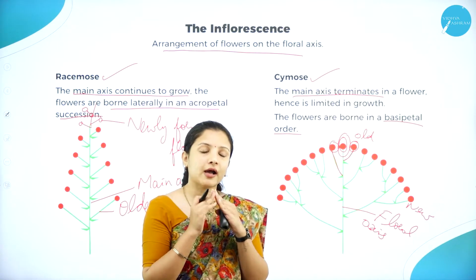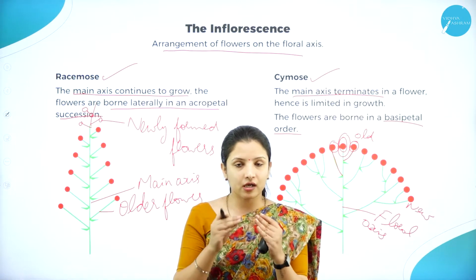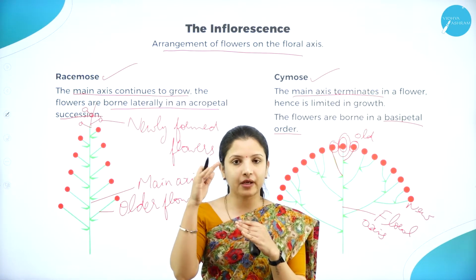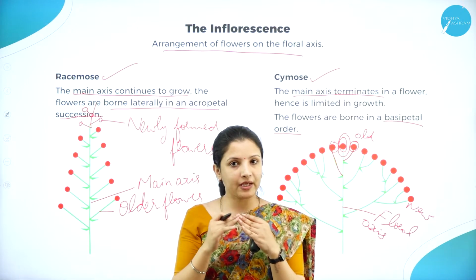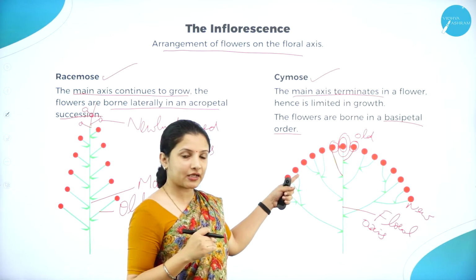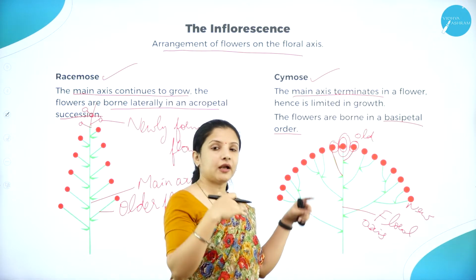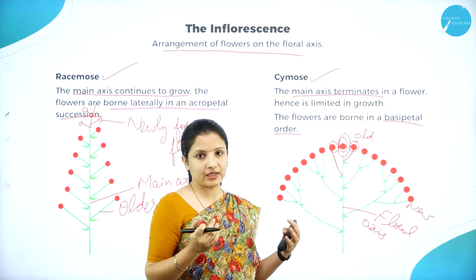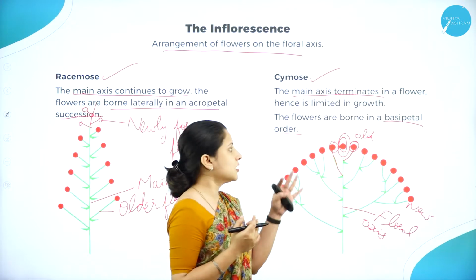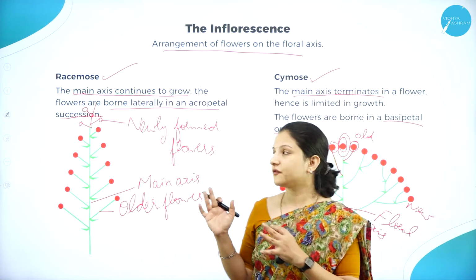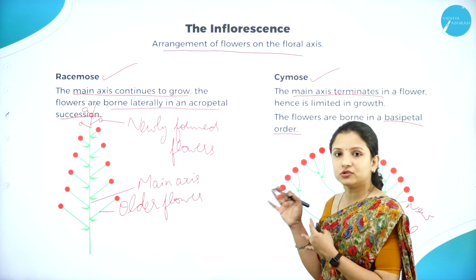So remember, in acropetal arrangement, the younger flowers were present at the tip and the older flowers were present at the base. But in the case of basipetal arrangement, on the main axis the older flowers will be present at the tip and the younger flowers will arise from the base. So that is basipetal arrangement. So this is one of the important differences between the racemose and the cymose inflorescence.